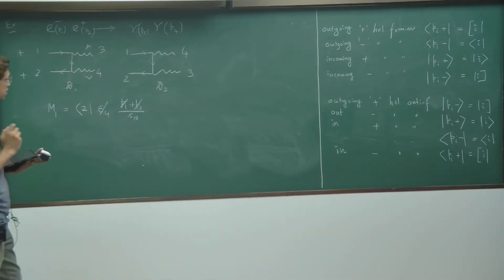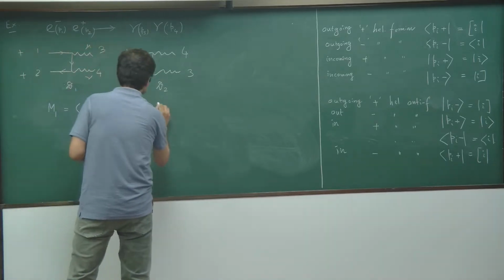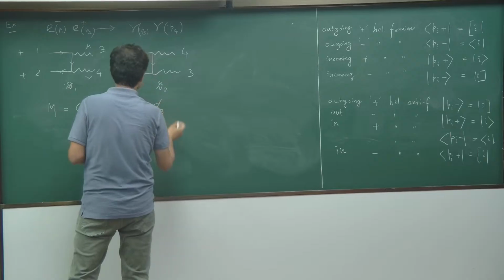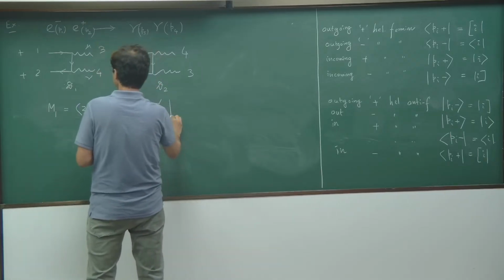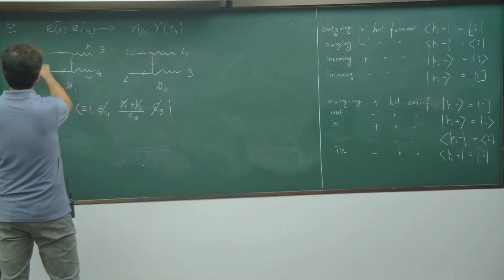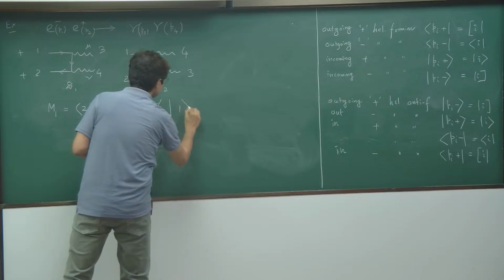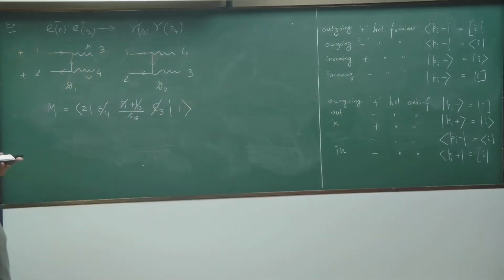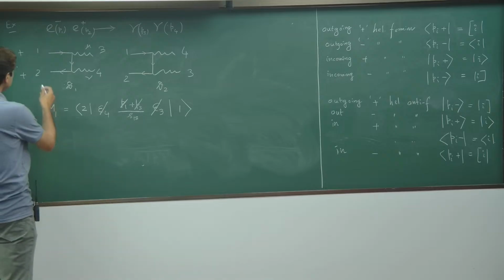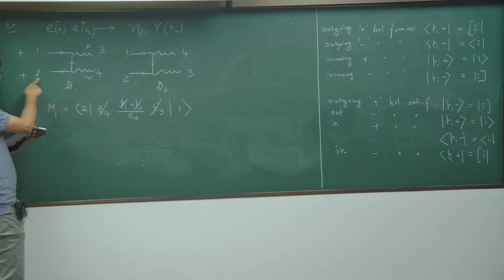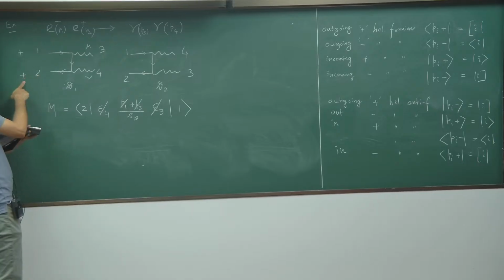Now I have epsilon 3 slash, and then one fermion incoming with positive helicity, that is again angle bracket from there.